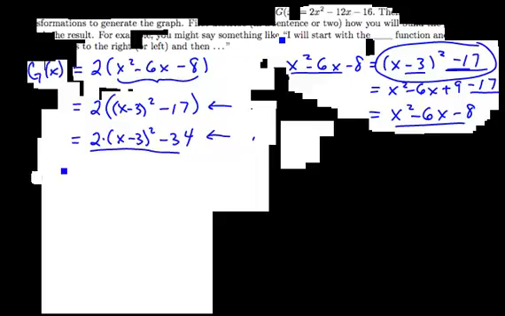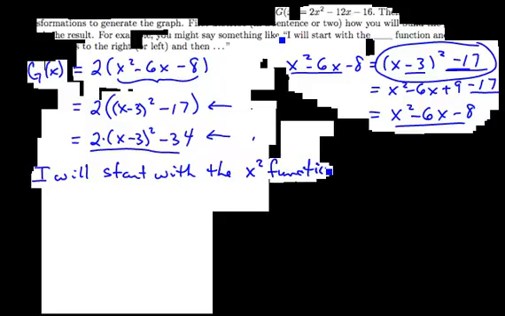So again, I start my sentence with, I will start with the x squared function, and then first thing I'll do is shift it 3 units to the right.